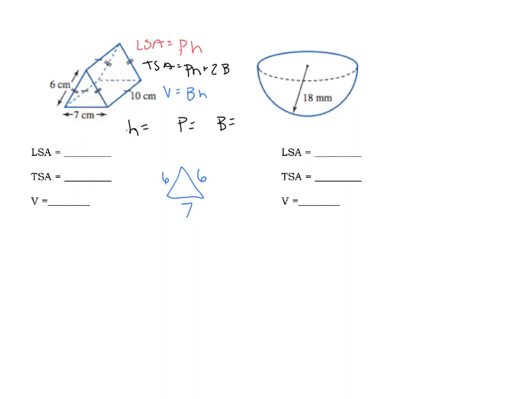A triangular prism's base will be the triangles, because notice there are how many of them? 1, 2. And the reason why I can clearly tell you that is if you look at the total surface area formula, it's 2 times B, meaning that there's 2 bases. So that's why we have to use this triangle. These two triangles are the bases for this particular prism. So keep that in mind.